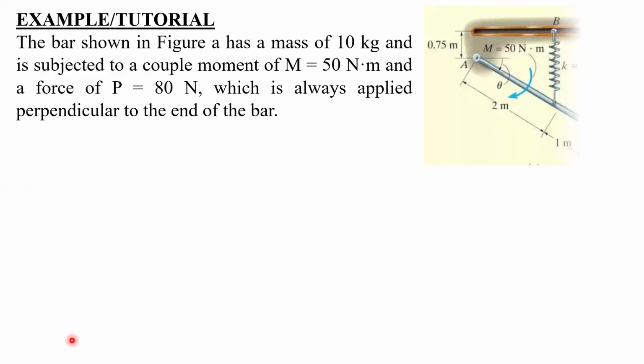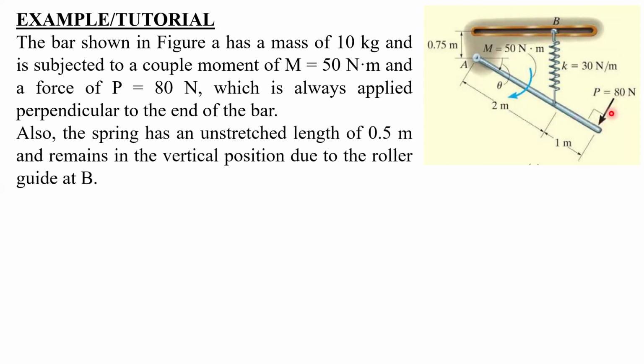So now let's look at a tutorial for this lecture 8. The bar shown in figure A has a mass of 10 kilograms and is subjected to a couple moment of M equal to 50 Newton meter, and a force of P equal to 80 newtons, which is always applied perpendicular to the end of the bar.